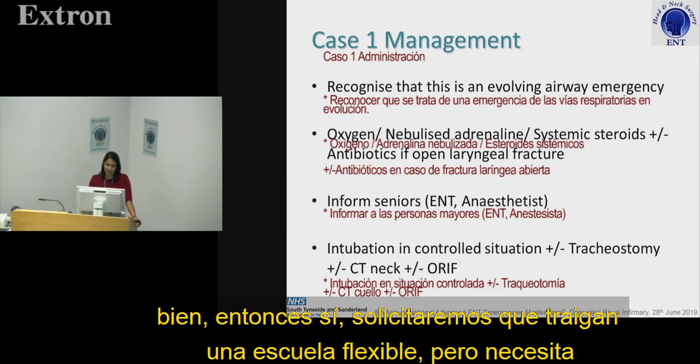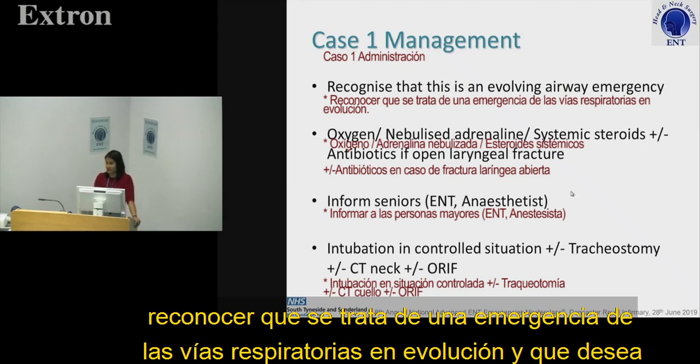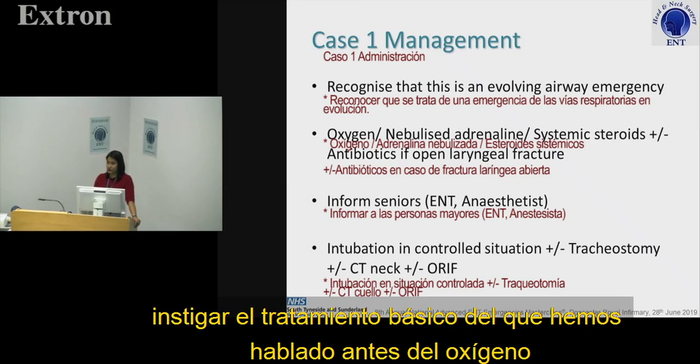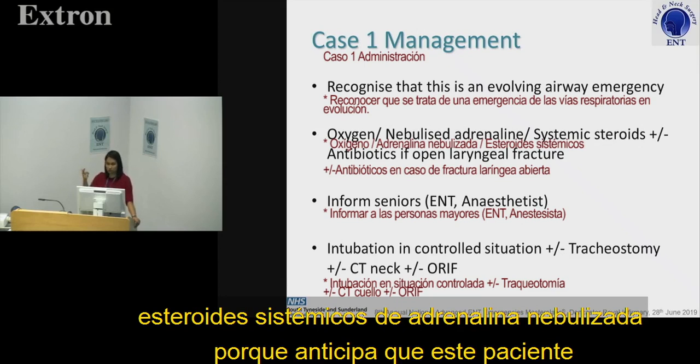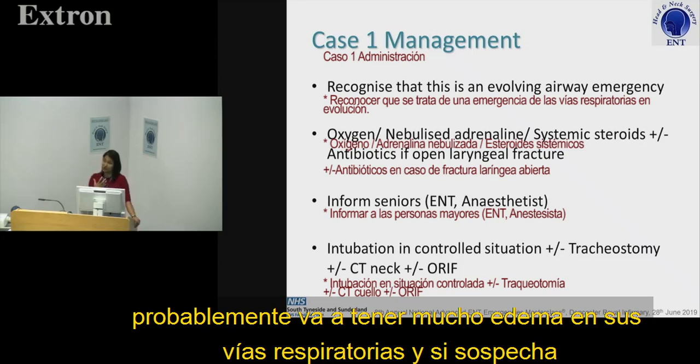Okay, so yes, we will request a flexible scope to be brought, but you need to recognize that this is an evolving airway emergency, and you want to instigate the basic treatment that we've talked about before: oxygen, nebulized adrenaline, systemic steroids, because you anticipate that this patient is probably going to have a lot of edema of their airway.